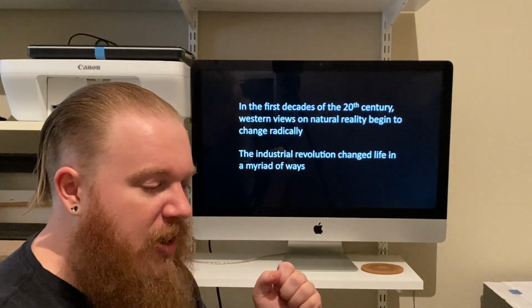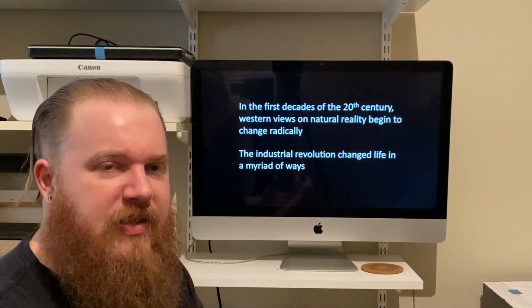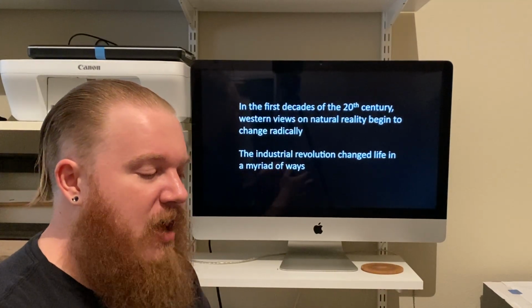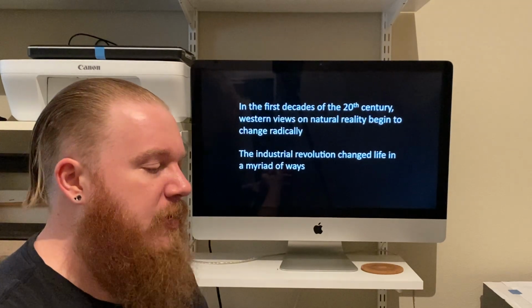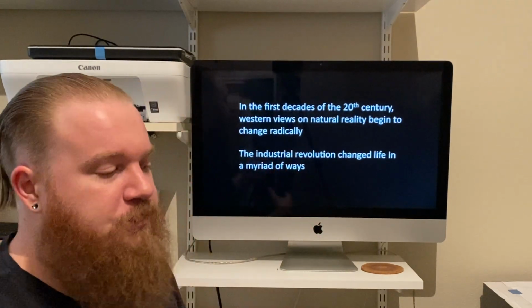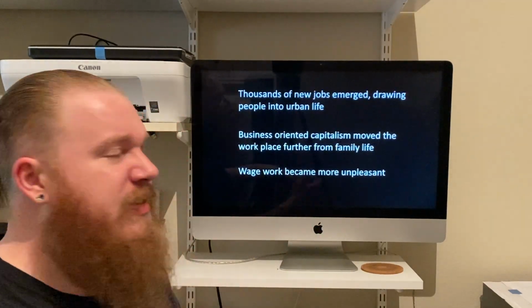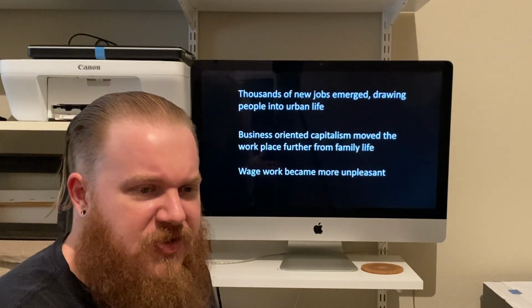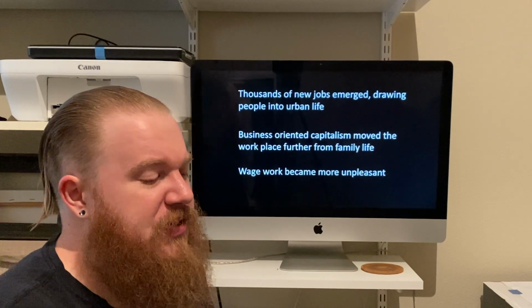So the Industrial Revolution, of the late 18th, early 19th centuries, changed life in a myriad of ways. We begin to see thousands of new jobs emerge across the 19th century, in particular into the 20th century.